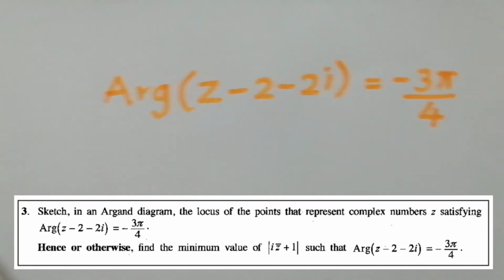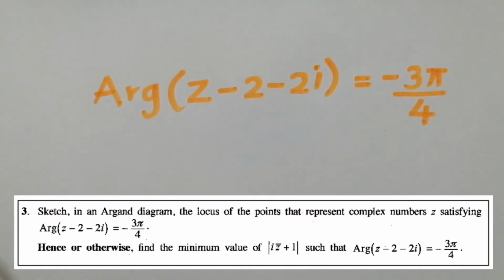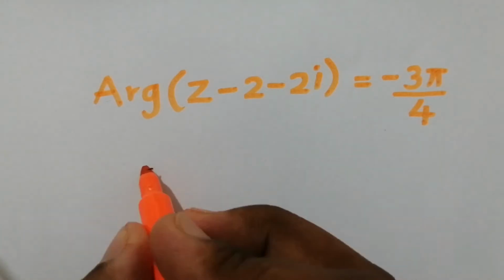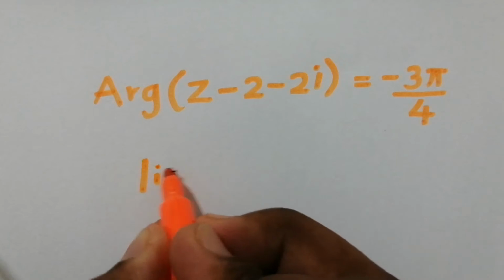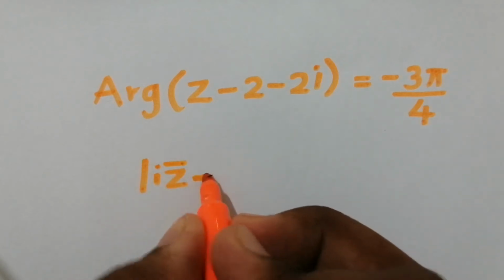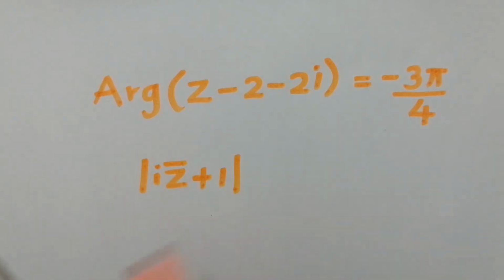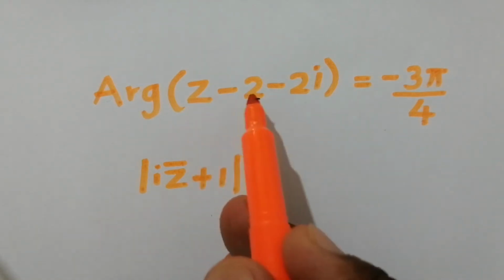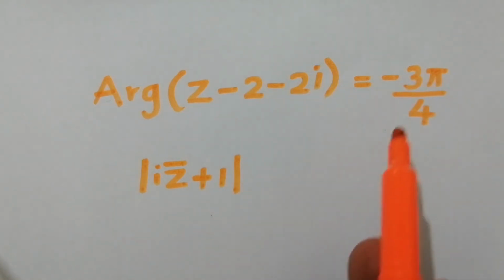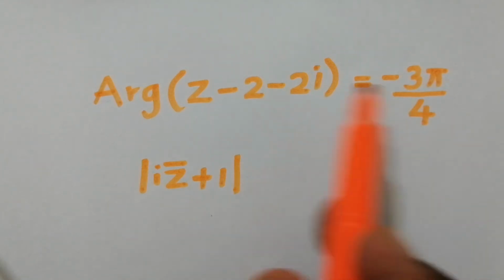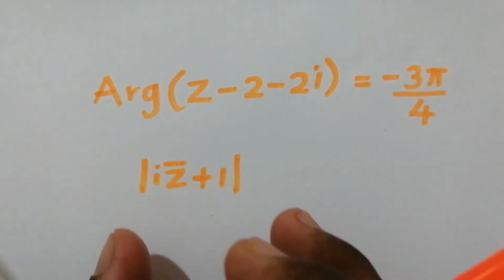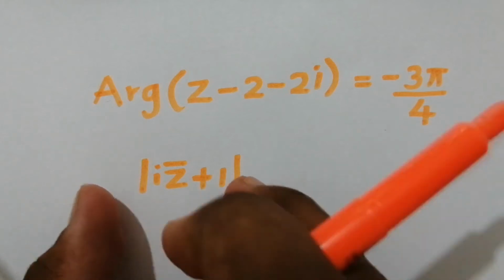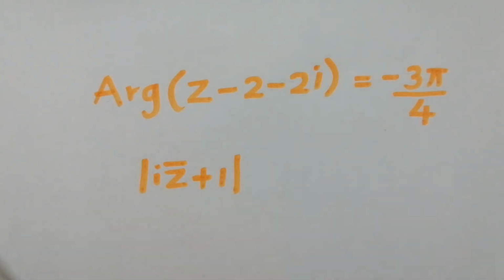Hence or otherwise find the minimum value of modulus of z bar plus 1, such that arg(z minus 2 minus 2i) equals minus 3 pi upon 4. And by using this, they are asking the minimum value of this modulus part.